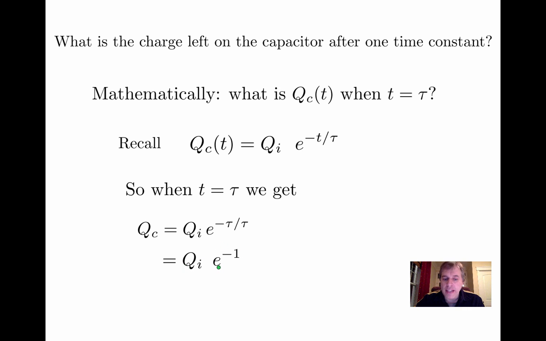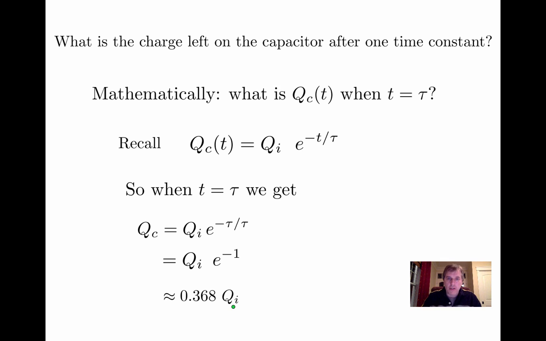E to the minus 1 is a number smaller than 1. We should have a number smaller than 1 here because we know we get just a fraction of QI left after a certain time. You just calculate e to the minus 1 on your calculator, and you'll find that this is about 0.368 QI. So about 36.8% of the initial charge is left after one time constant.